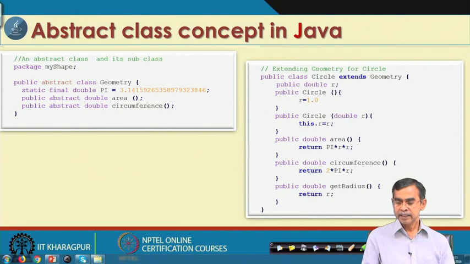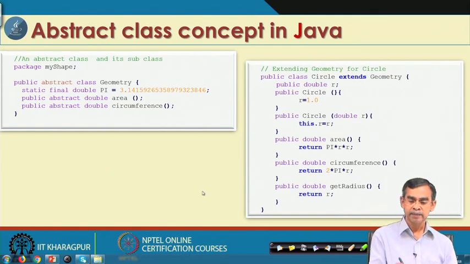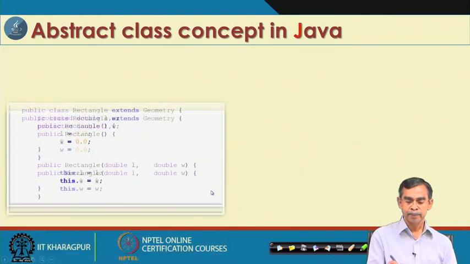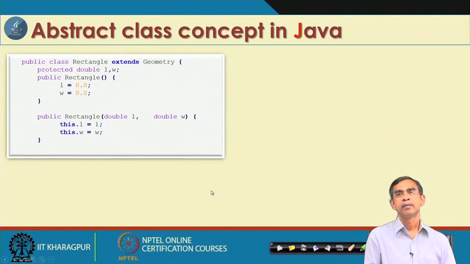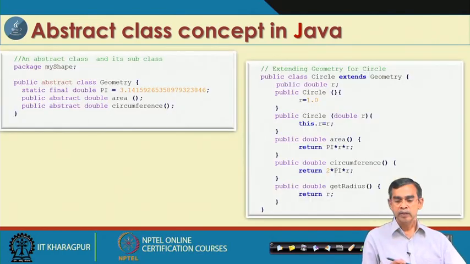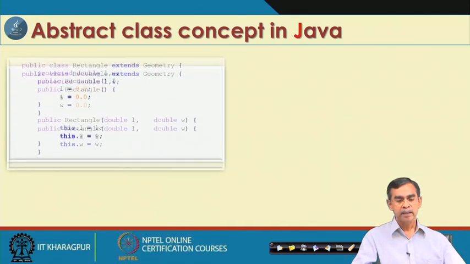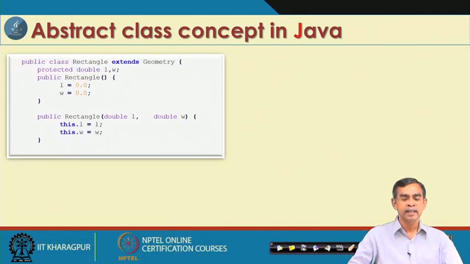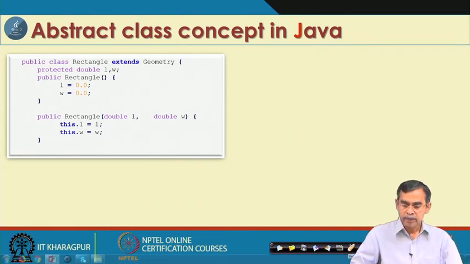Now, we are going to inherit 3 classes from the abstract class, namely circle, rectangle and ellipse. That was the circle class, and next is another inheritance from the geometry class, called the rectangle class. This class has this kind of form.